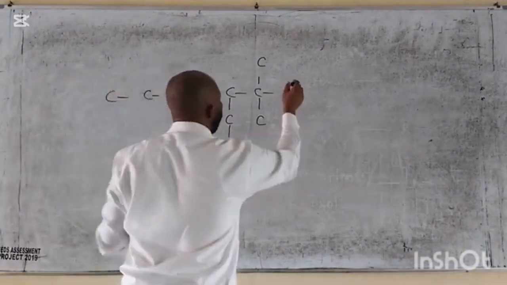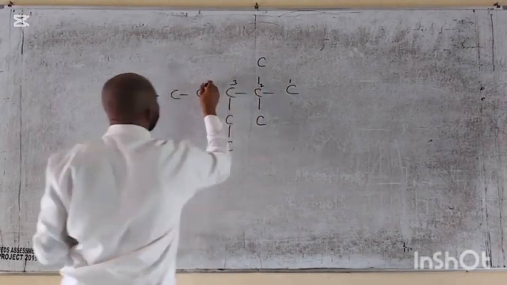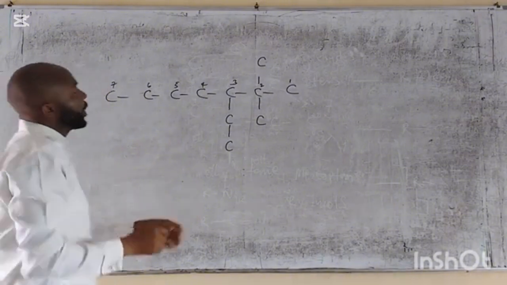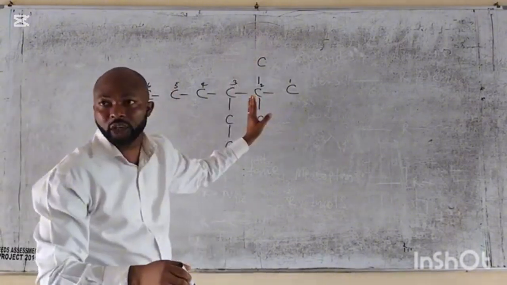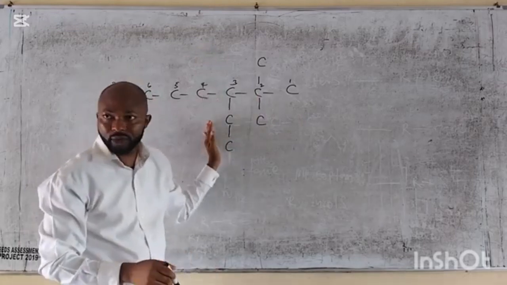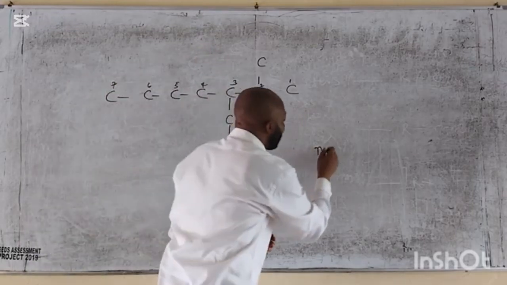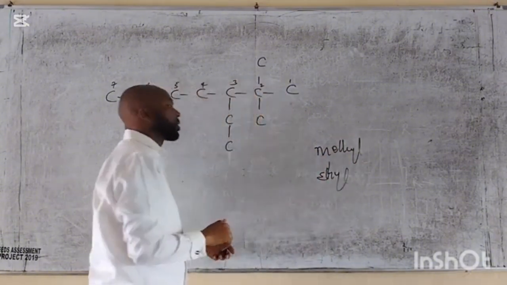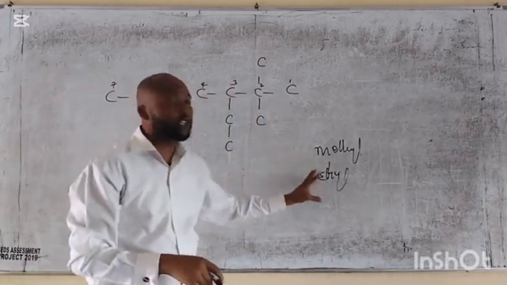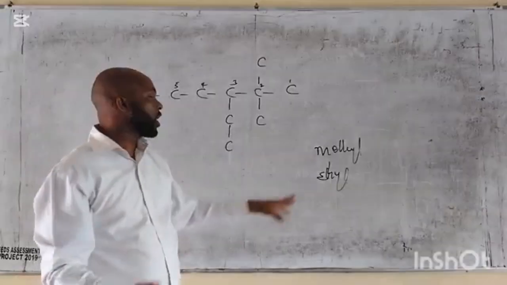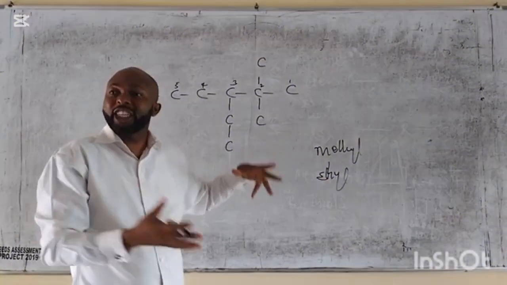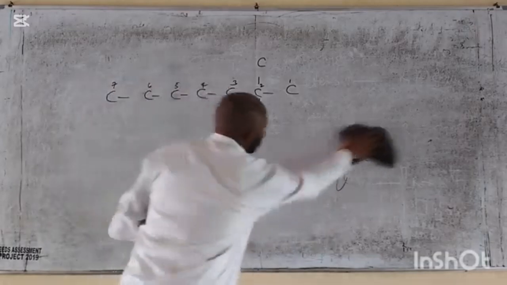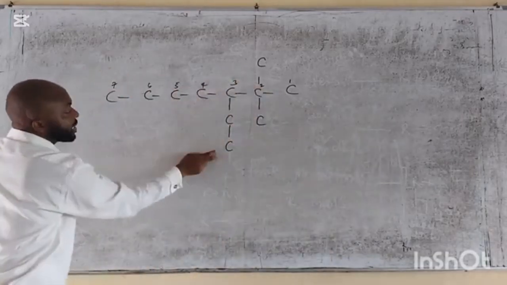So here I will now have 1, 2, 3, 4, 5, 6, and 7. Now, in carbon 2, I have 2 methyls. And in carbon 3, I have an ethyl. So we have methyl and ethyl. Of course, we've been told that we should always consider the alphabetical order. Which one comes before which? E comes before M. So I will consider the ethyl before the methyl. In carbon 3, there is an ethyl.